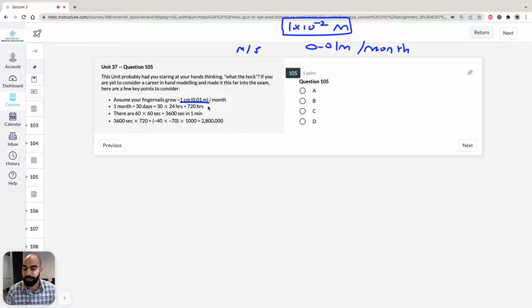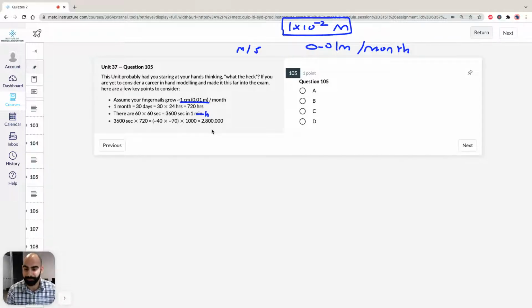So then how many seconds are in 720 hours? There's 60 seconds in 1 minute, so there's going to be 3,600 seconds in 1 hour.